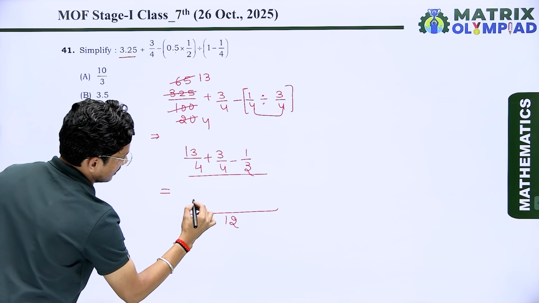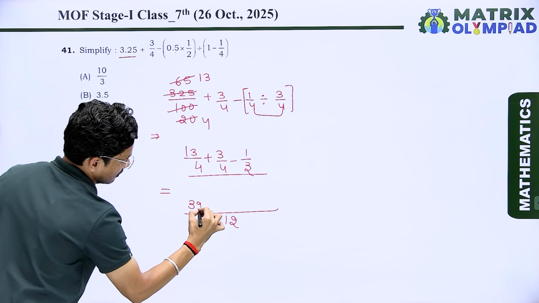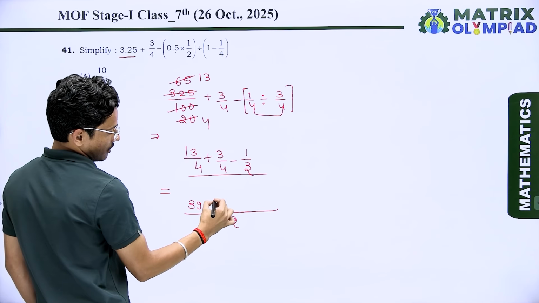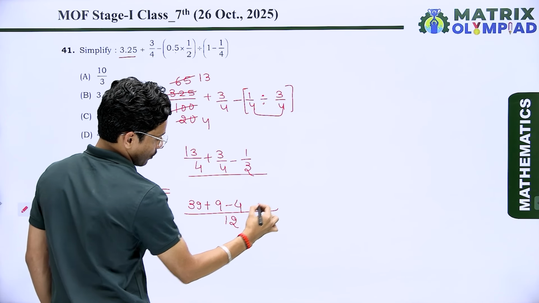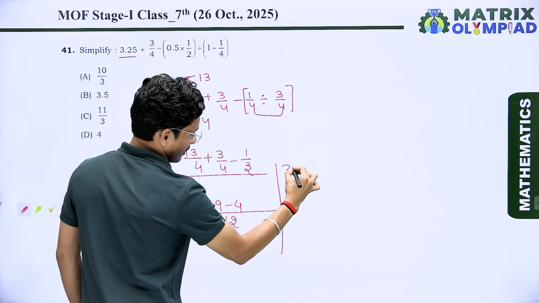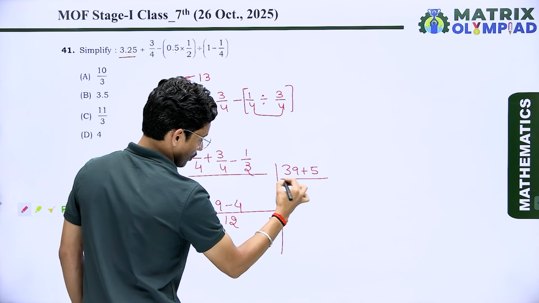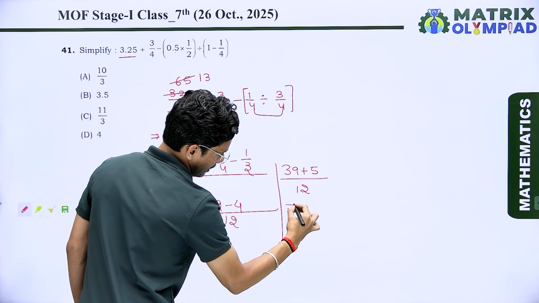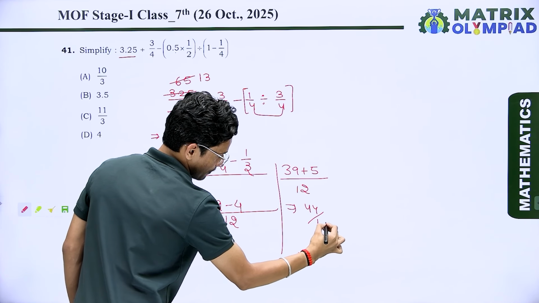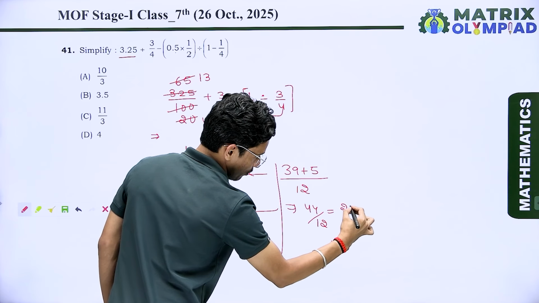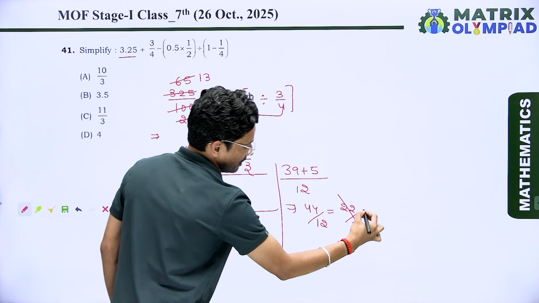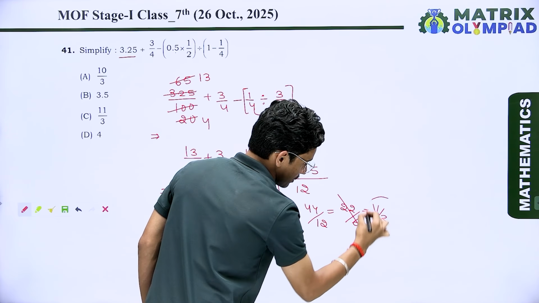So here I can say that 13 3s are 39 plus 3 3s are 9 minus 4. So here we can say that 39 plus 5 upon 12. So I can write here 44 upon 12. It means 22 upon 6. It means 11 upon 3.